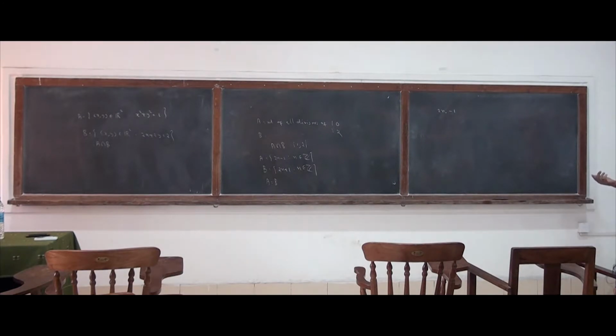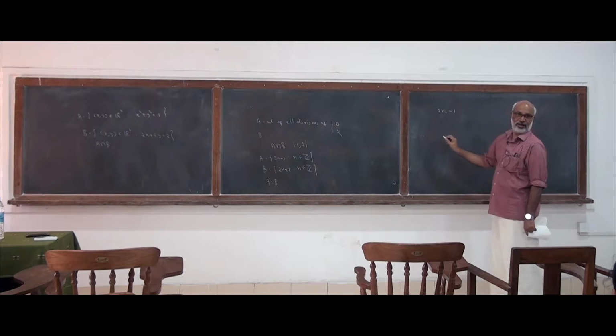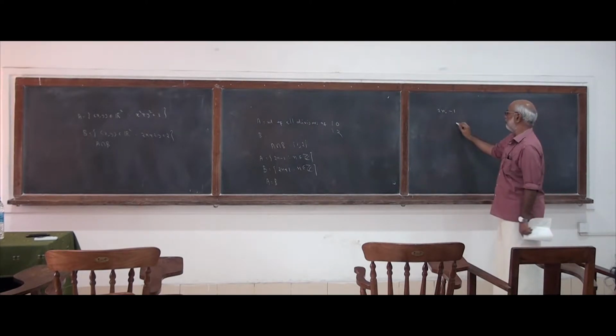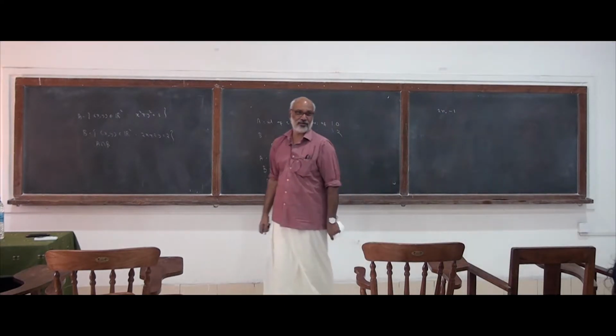How is that possible? 2n naught minus 1 can be written as 2 times (n naught minus 1) plus 1. If n naught is an integer, n naught minus 1 is an integer. So 2 times (n naught minus 1) plus 1 is of the required form.